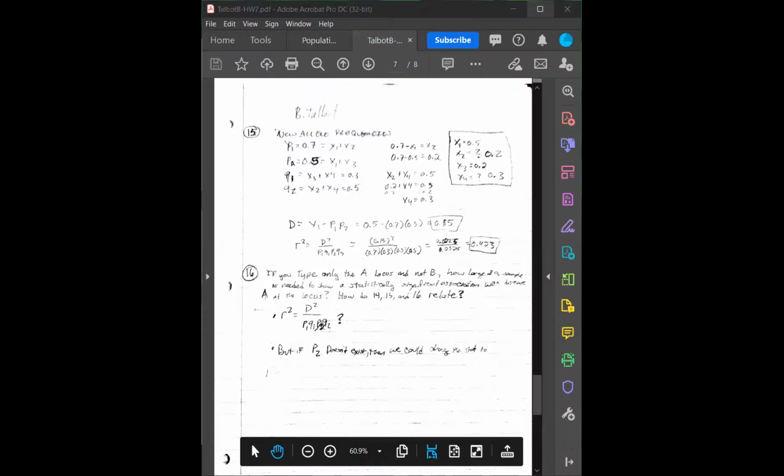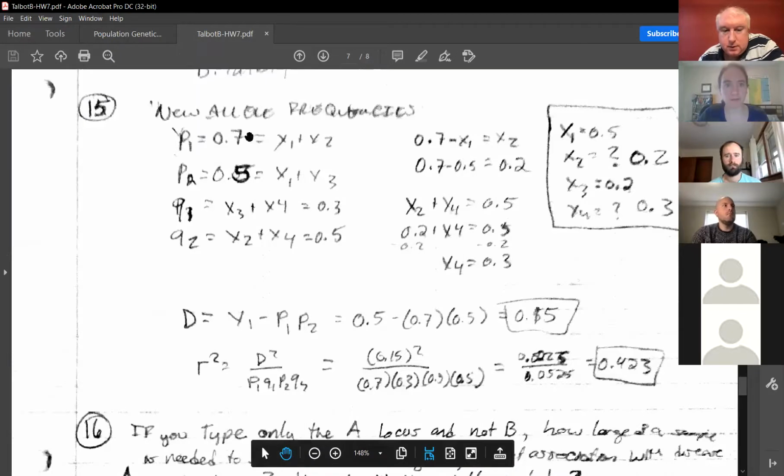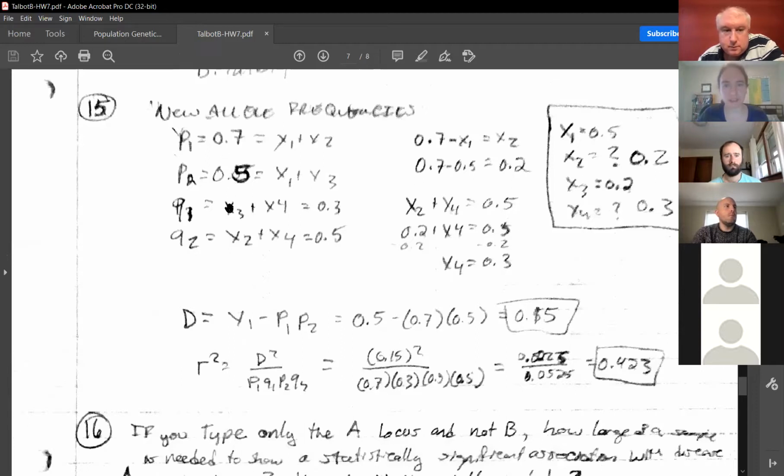Okay, apologies for it being a little bit faded, but basically how I had set it up was I had the changes in the frequencies. I had my P values, and I knew what my Q values were.